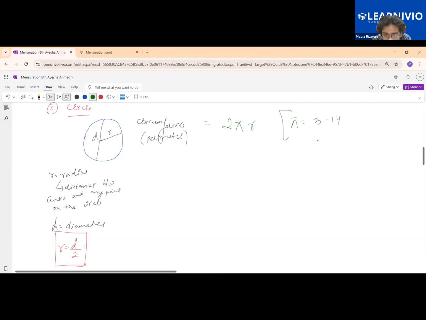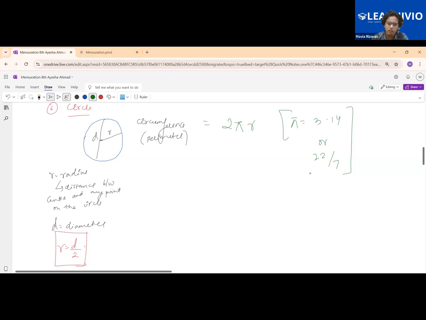We can use any value depending on the question. In the exam, they can also give you that use pi as 22/7. So now 2 into pi, either put 3.14 or 22/7, you'll understand by the question. And R is the radius.